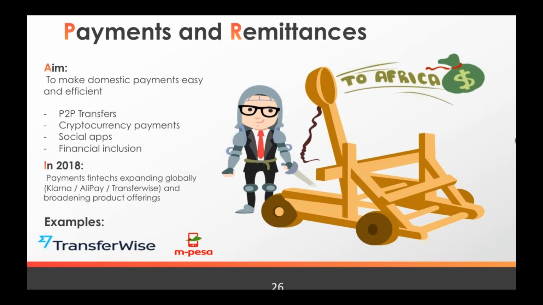You can just use TransferWise, which is a marketplace for currency, and they will clear it out faster than the actual network. So that's an example of how we can innovate in payments.